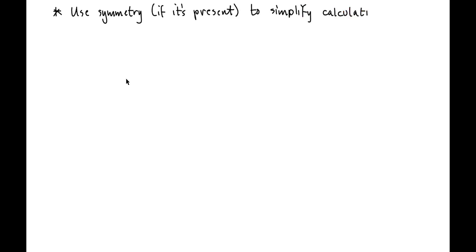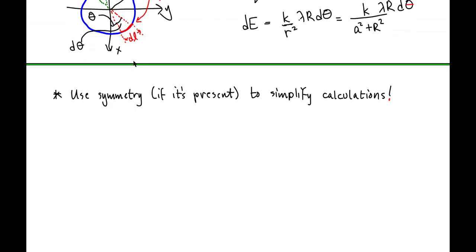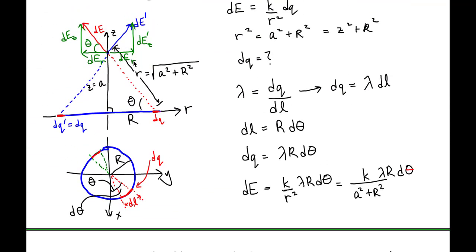We now know we only have to calculate the z component of the electric field. Let's look at what we have. So if we only have to calculate the z component of the electric field, that means we just need dE sine of theta.